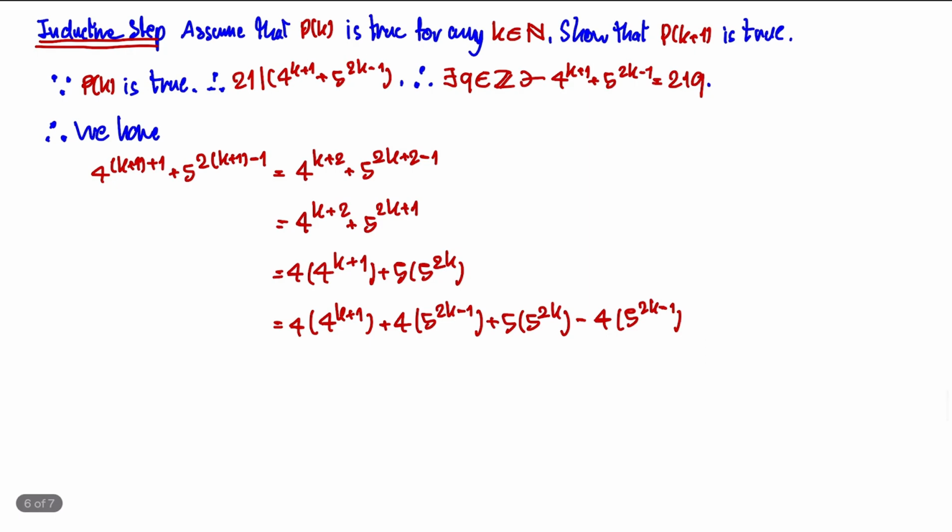Okay, so what do we have right here? We factorize the number 4, so we've got 4 times (4^(k+1) + 5^(2k-1)), and plus 5 times 5^(2k) minus 4 times 5^(2k-1).